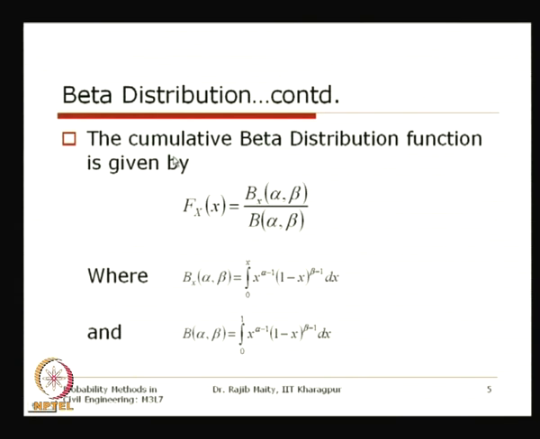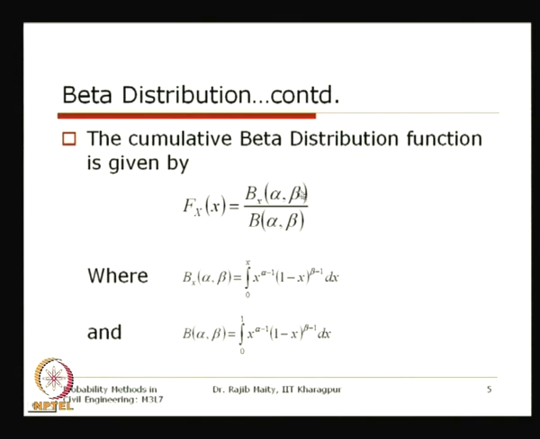Now, if we calculate the cumulative beta distribution function, which you know from previous lectures, this is the integration from the left support, that is 0 in this case, to some particular value x, which gives the cumulative probability.